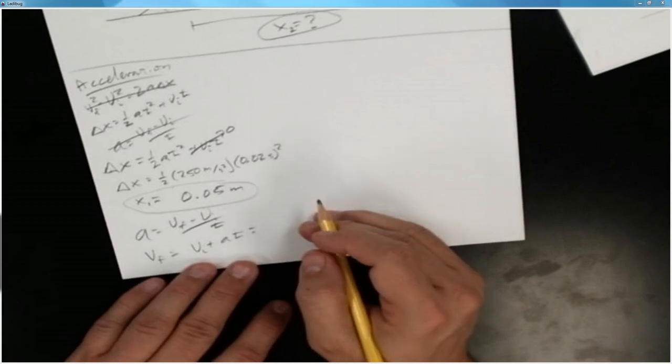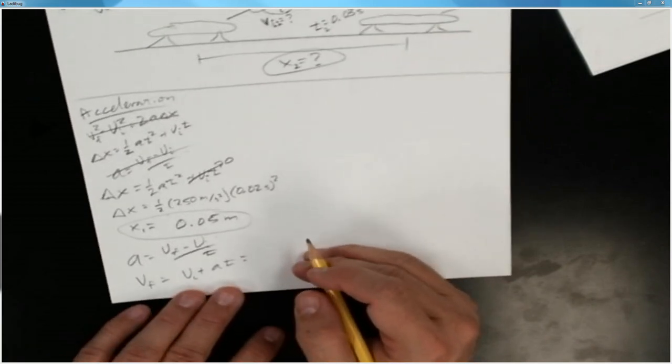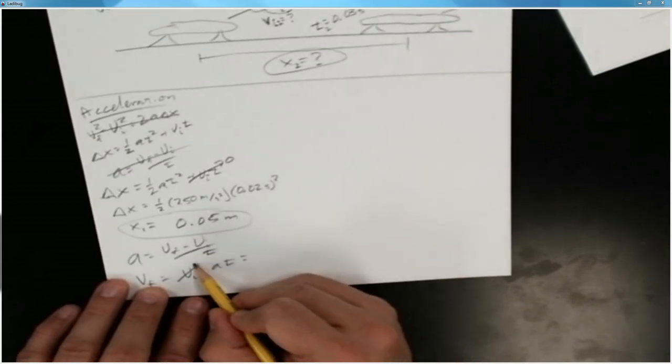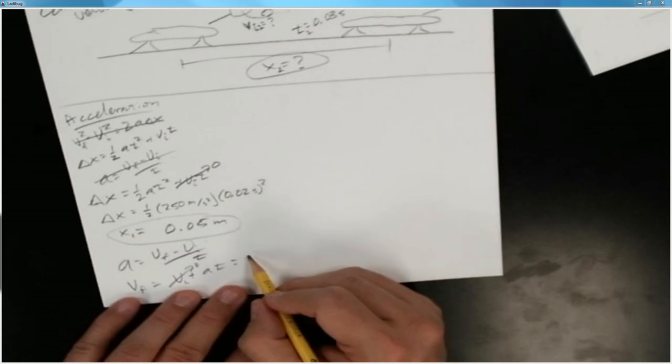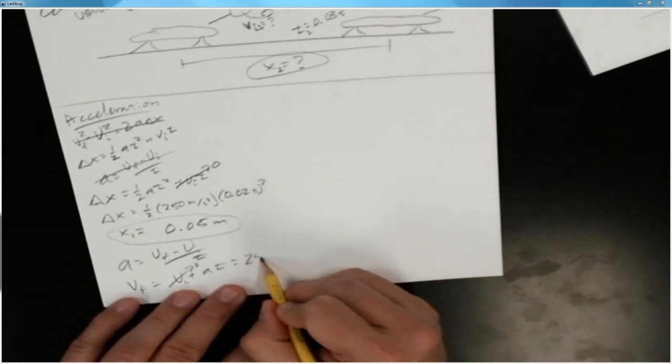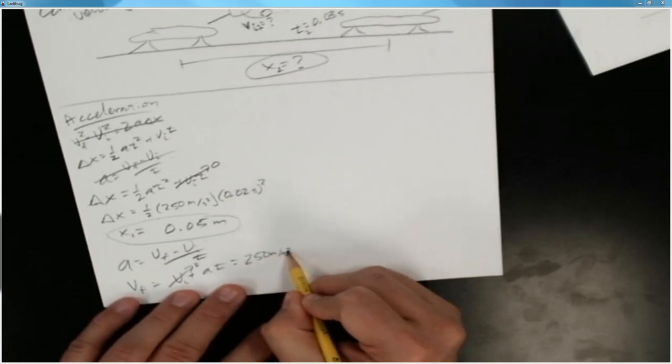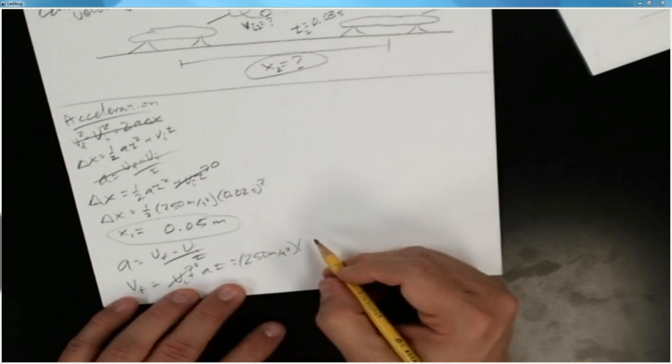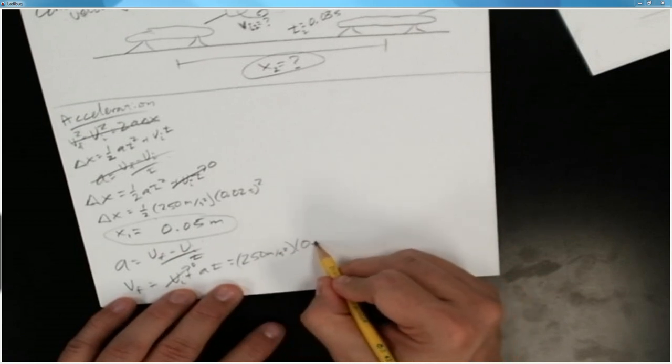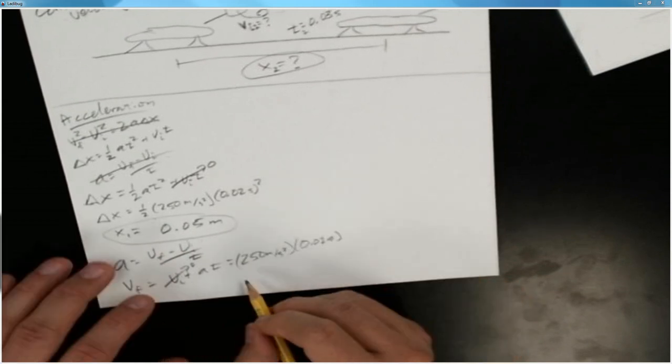VI is 0. So A times T, which is 250 meters per second squared times 0.02 seconds.